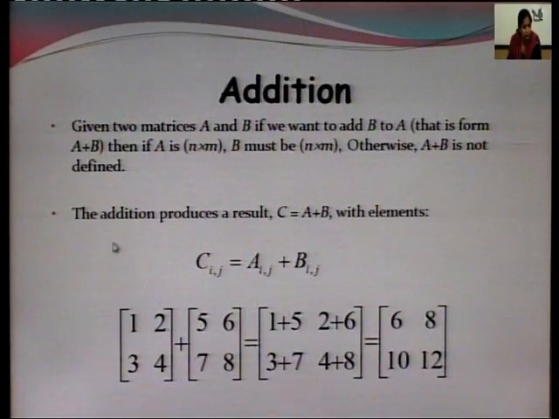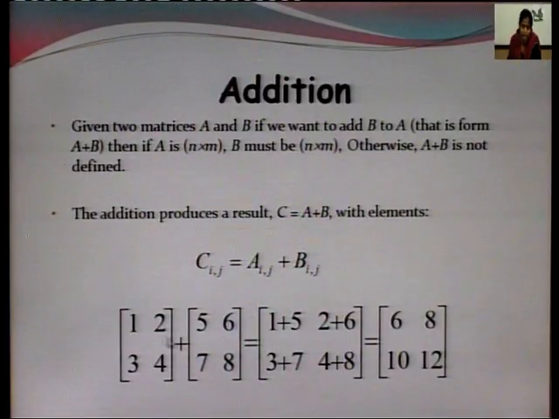But for addition to take place, the size of the matrices should be the same. If the first matrix is of size 1 by 3 and the other matrix is of size 2 by 2, we cannot perform the addition. So, the constraint on matrix addition is that the sizes of the two matrices should be the same.